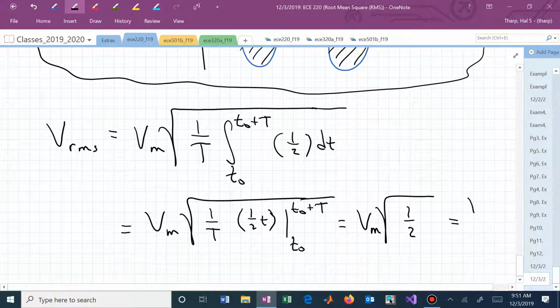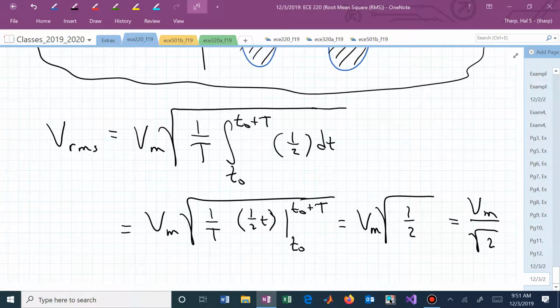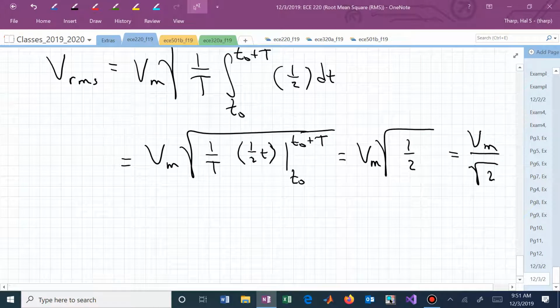So the RMS value of a sinusoid is this famous formula, the amplitude, or V max, over the square root of 2.